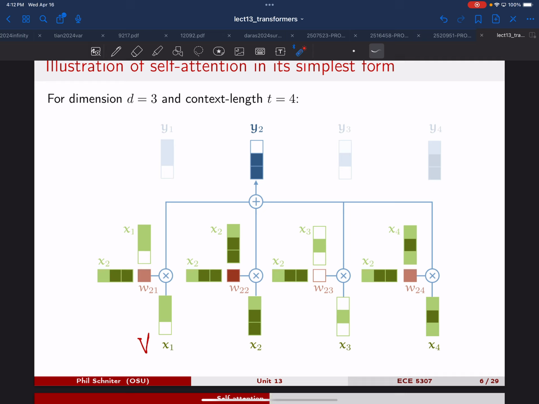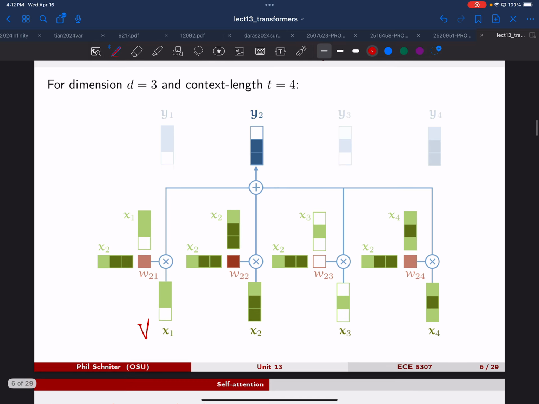And then when you compute these weights, for y2, you're always using x2 in this position, but you're using a different version of x in this position. So this one here is the query, this is the key, and then this is the value. So those are the 3 ways that these vectors are coming together, and maybe this picture helps explain that idea.